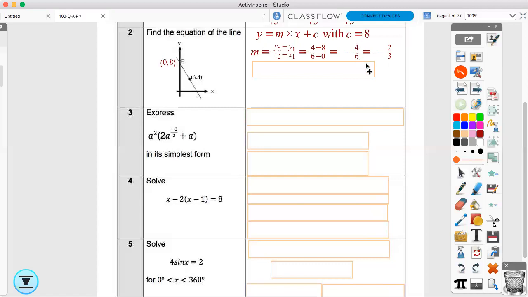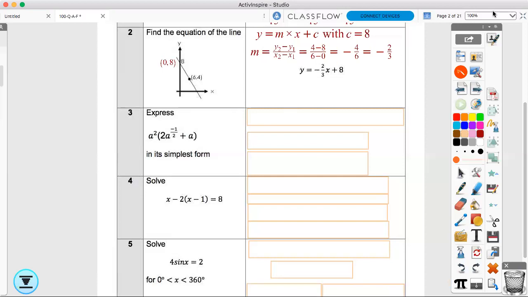That means I can divide both numbers by 2, and this time I got minus 2/3. And 2 and 3 are both prime numbers, so I can't simplify it any further. So I've got m, and I know what c is. Your final answer is given here: y equals negative 2/3 x plus 8.